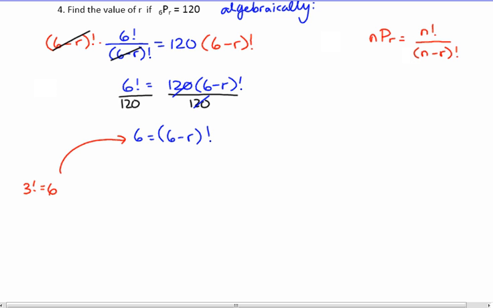So we're going to rewrite this as 3 factorial equals 6 minus r factorial. And now we can equate the insides, right? These are both factorials. Use your head, or you could say, therefore 3 equals 6 minus r, because they're both factorials.